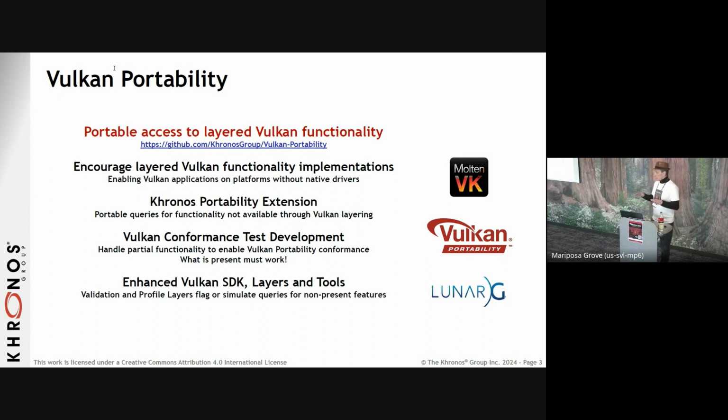And try as we might, when you're talking about a layered implementation, you can't always match everything. You can't cross all the T's and dot all the I's to make sure that Metal is behaving exactly like Vulkan is.